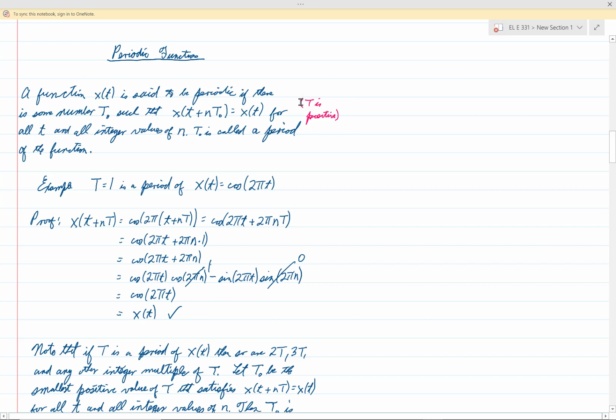Now, I put over here in red a remark. T naught here is taken to be a positive number. And keep in mind, that means it's not a negative number, and it also means it's not zero. It is actually a positive number.